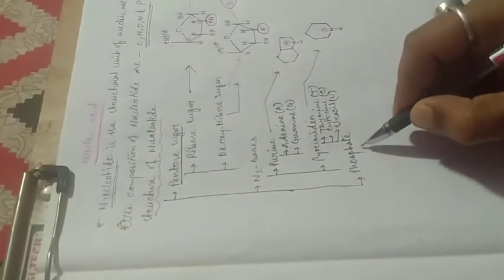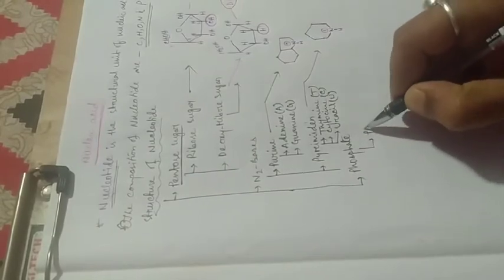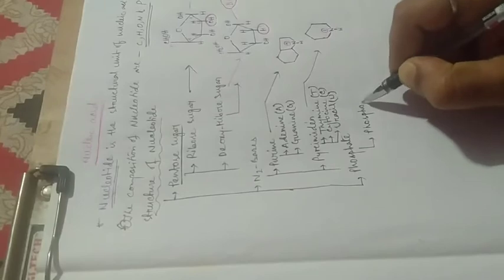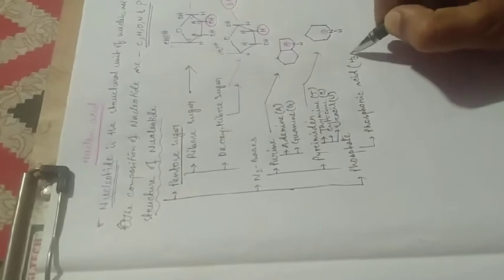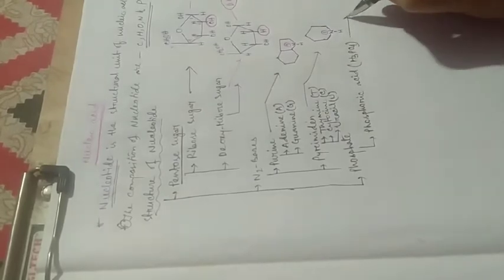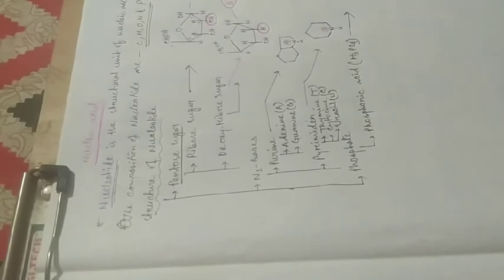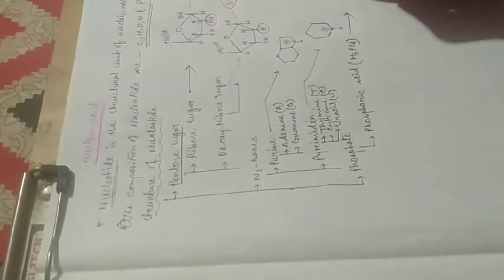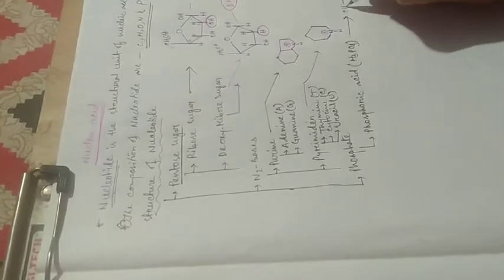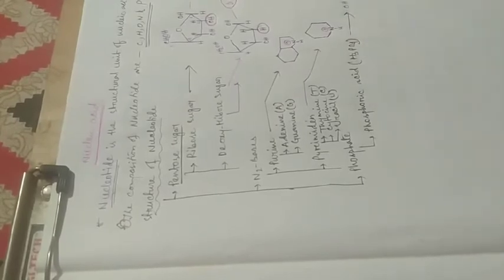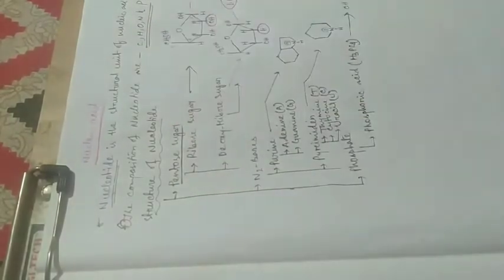Phosphate is present as phosphoric acid, that is H3PO4, and the structure of phosphoric acid is like that: phosphorus in the center, 3 OH groups, OH and a double bond. That is the structure of a phosphoric acid. So these are the components of a nucleotide.